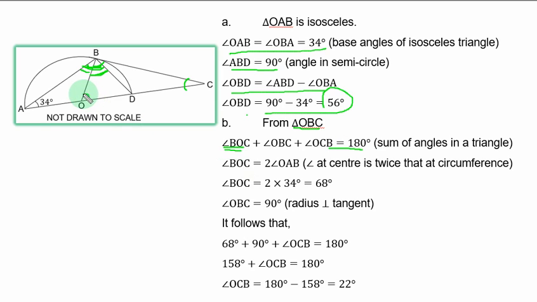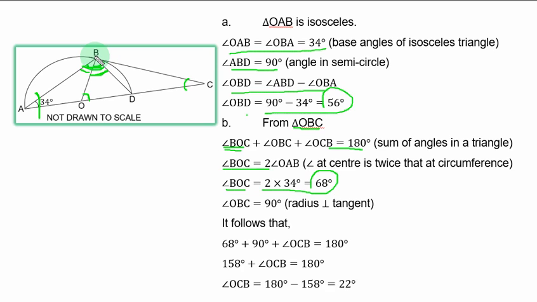BOC is angle at center, and angle at center is twice angle at circumference. This angle is angle at circumference, so angle BOC is equal to 2 times angle OAB. So BOC is 2 times 34 degrees, and that is 68 degrees.